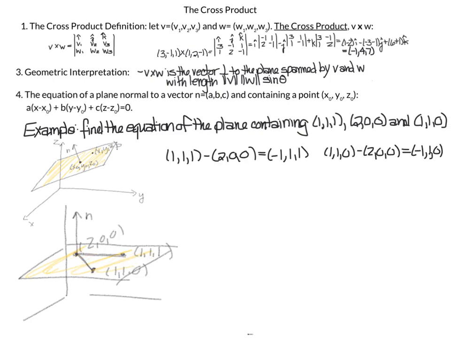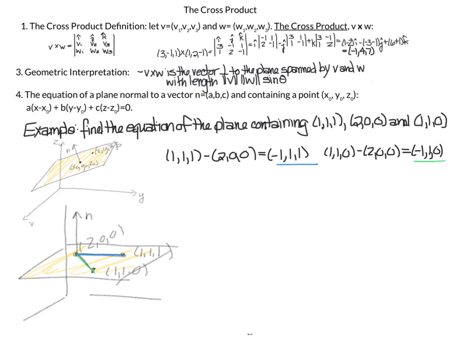So let's just say, the endpoint of my 2 vectors, I'm going to choose the 2, 0, 0 to be my endpoint, my 1, 1, 1 to be this point here, and 1, 1, 0 to be this point here. So now I can do my 1, 1, 1 minus 2, 0, 0, and that will give me this line segment, this vector in the plane, as well as now I have 1, 1, 0 minus 2, 0, 0, another vector in the plane.